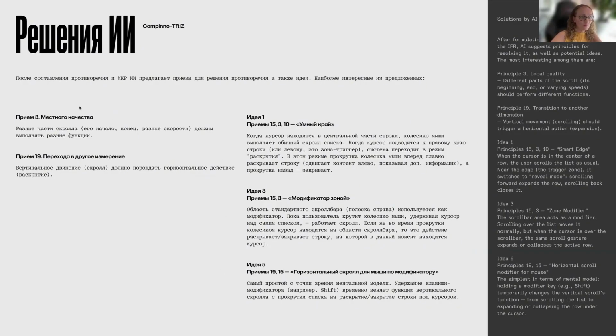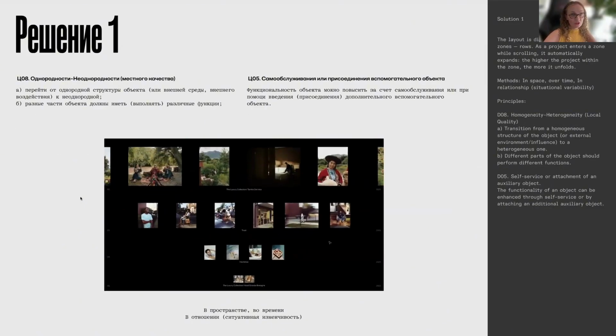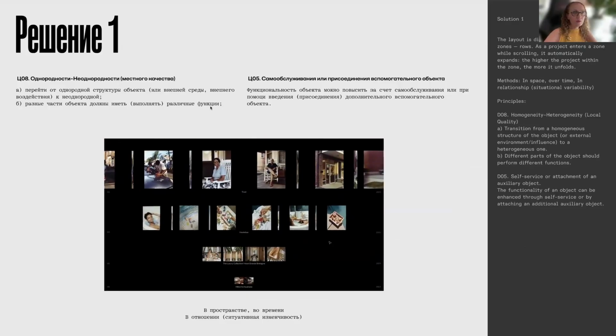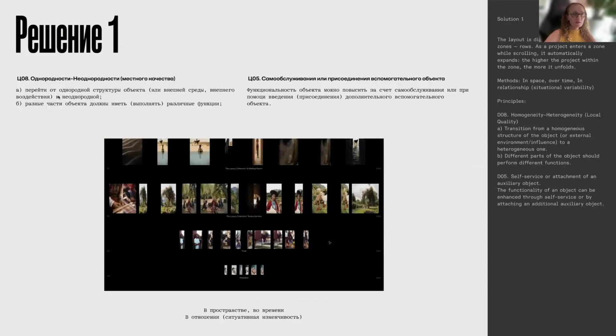For example, this local quality with different parts of the scroll. It understands that there are different scroll functions, that there is a top and a speed for scrolling, and depending on that, different functions can be performed. There was a good hint that you need to work with horizontal movement, which should work for the horizontal opening of a project. That was a very good idea. I liked it, and I'd like to show you the solution I found.